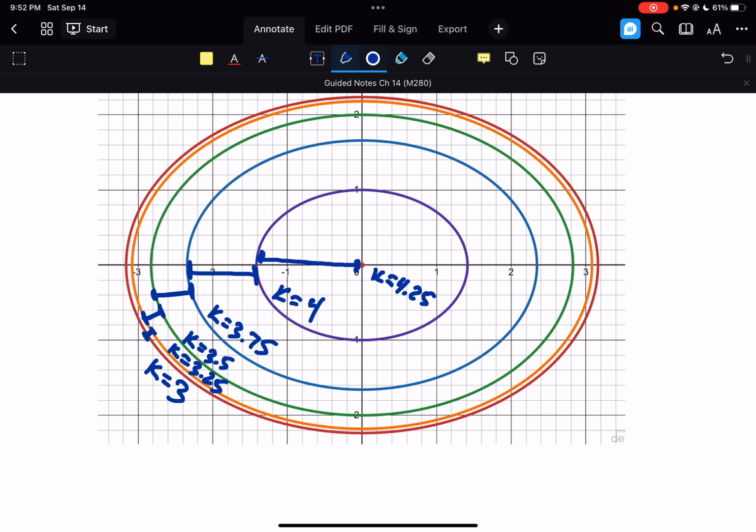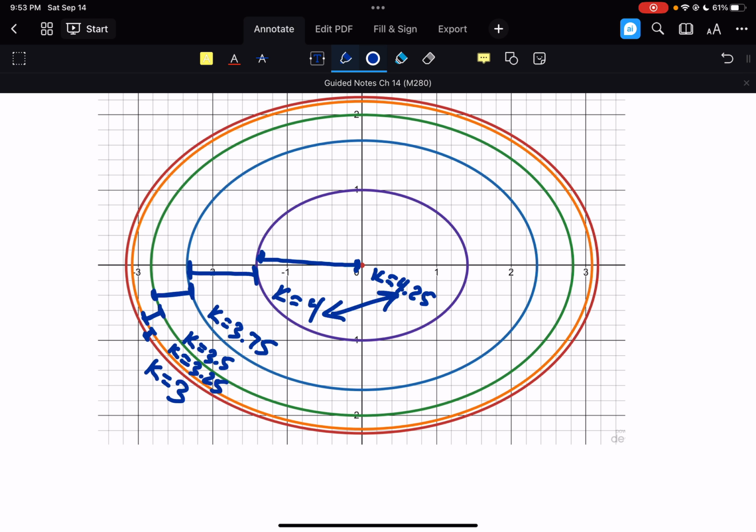The distance between these curves represents how far the surface traveled before it made a change in height of 0.25. So if the curve goes from 3 to 3.25 in only this tiny little distance, that means the curve is very steep, so it grows very quickly, very sharply. Whereas this one is the same height difference, right?